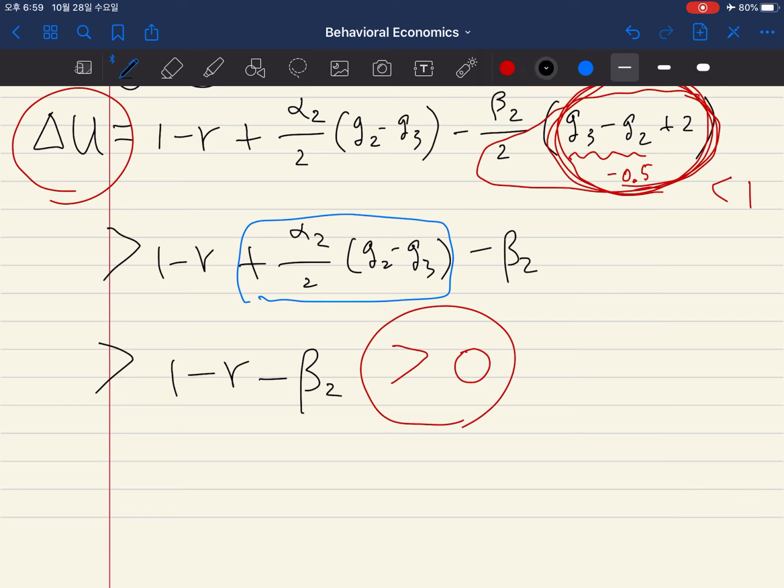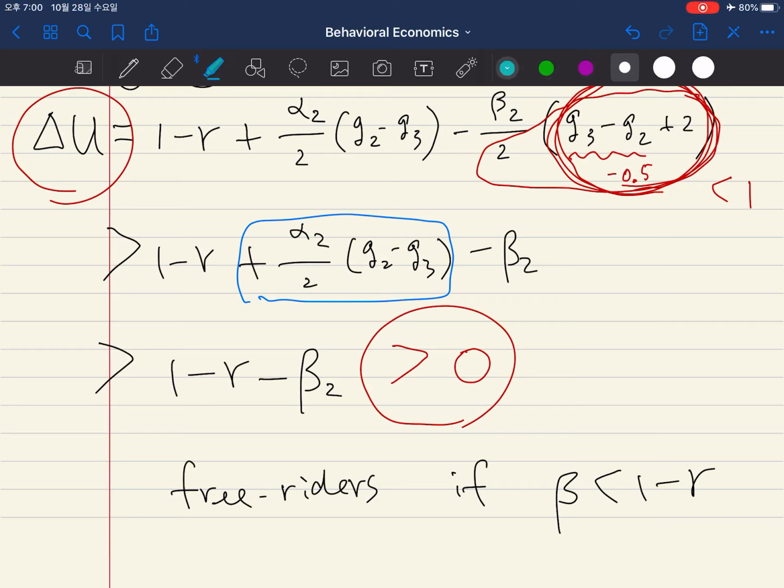So we can say free riders are those with beta sufficiently small, in other words, if beta is less than 1 minus r. So we found a condition for free riders. So who are these free riders?